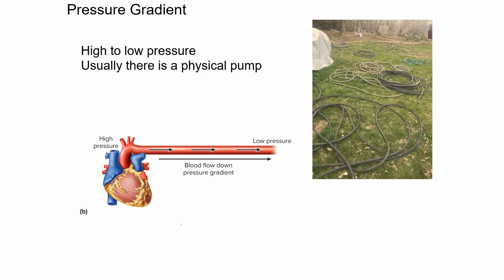A pressure gradient moves molecules, or in our case, blood, from an area where it's high pressure in the aorta to an area where there's low pressure in the veins. And that's what helps your blood flow. However, in your lungs and in your heart, just allowing that flow isn't enough. We usually have some physical pump in our body that is creating that area of high pressure.